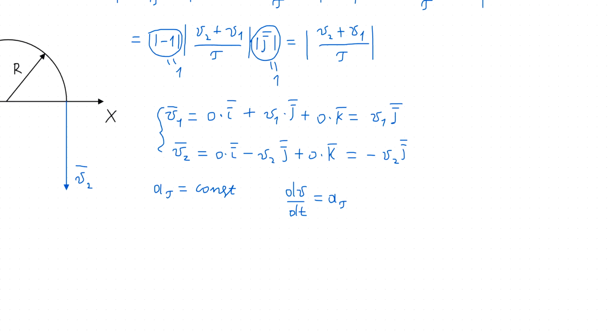We know the dt, tau. So we need to find the final velocity. It must be the sum of velocity one and velocity two. I mean, how to find v as a function of time.